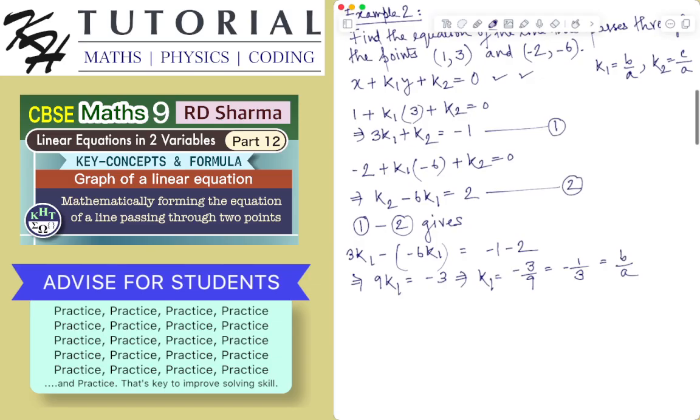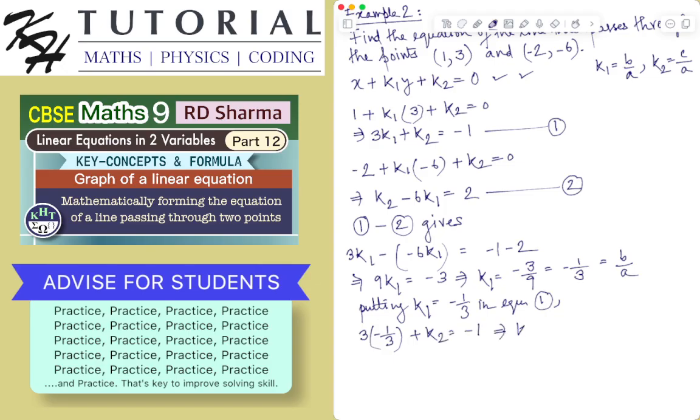Now we have to find the value of k2. Putting k1 is equal to -1 by 3 in equation 1, 3k1 plus k2 equals -1, we get 3 into -1 by 3 plus k2 is equal to -1.